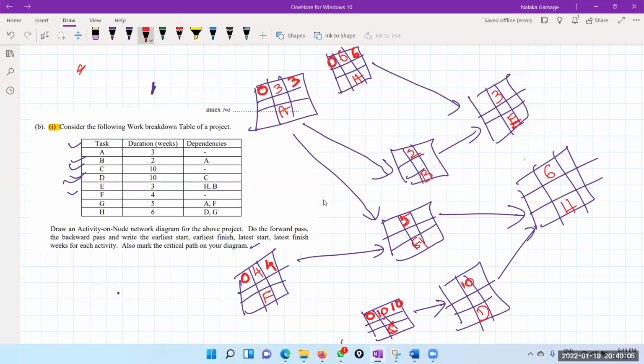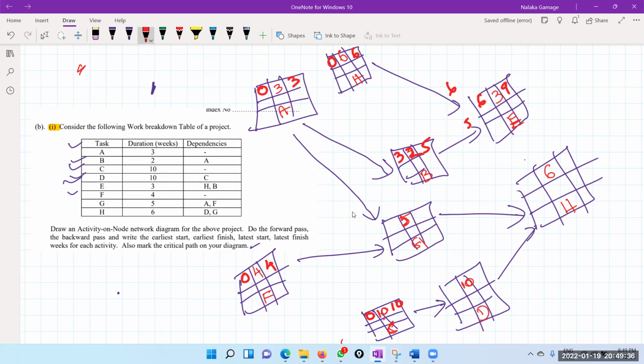Now this one is only depending on this one, B, so I can take this as 3. 3 plus 2 is 5. And here we have 5, from here we have 6. We have to take the bigger because both have to be finished. 6 plus 3 is 9. What about this?